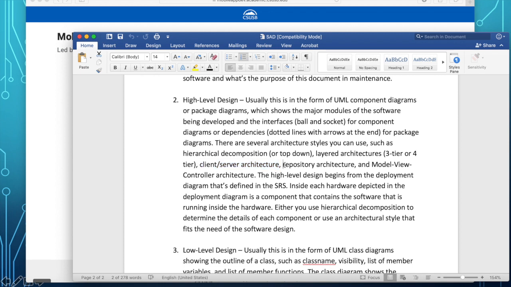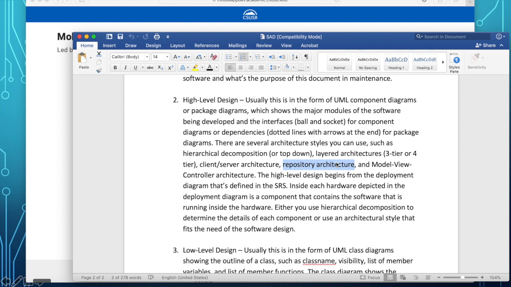Another one is the repository architecture, and the repository contains all the information that you need, and it provides you with standard service like get or put or delete or insert into the repository.